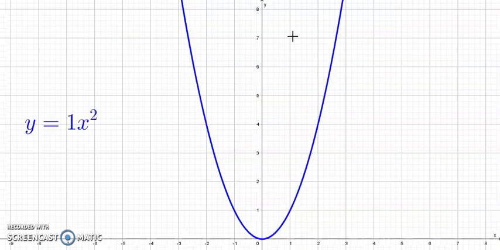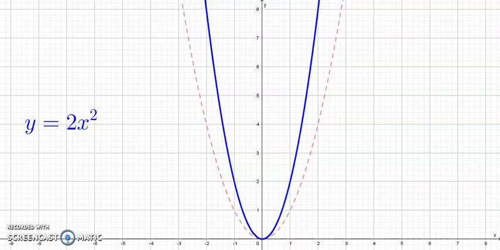So there's our basic parabola, y is equal to x squared. If I change that to y is equal to 2x squared, so there's the original y is equal to x squared, what's happening is that we're doubling all of that original parabola's output. So where my output was previously 1, we're timesing that by 2 to get an output of 2.